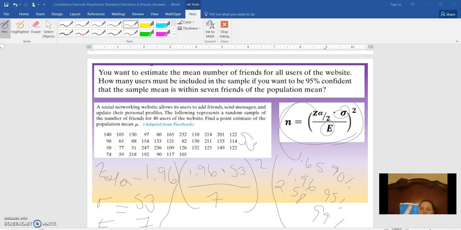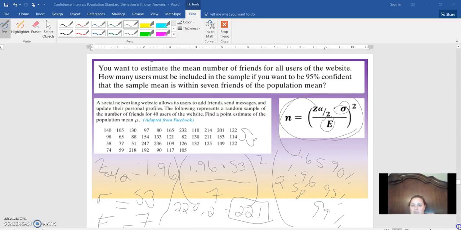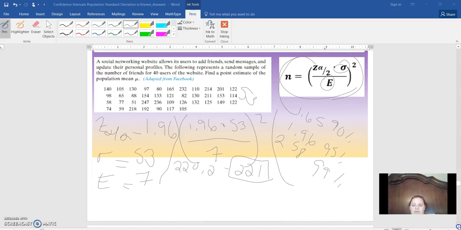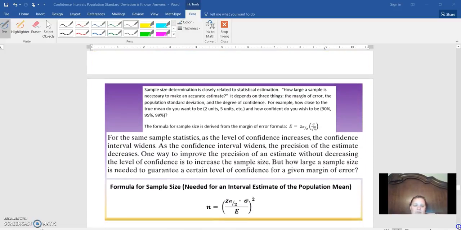Okay, and then I need to square it. So 220.2, which means it's 221. I need to ask 221 people, so that will ensure that I'm confident within 7 of the estimate.